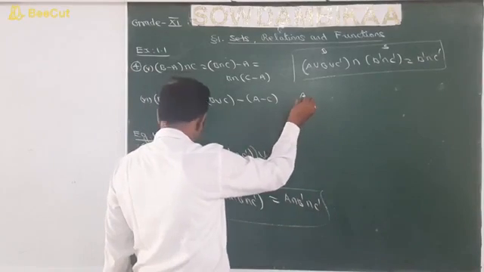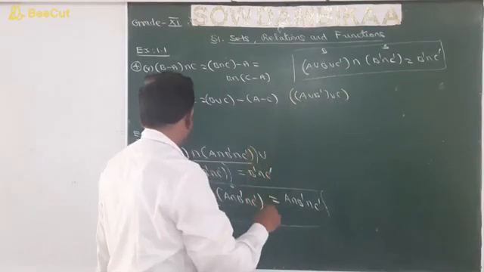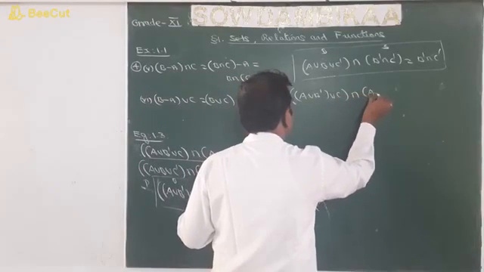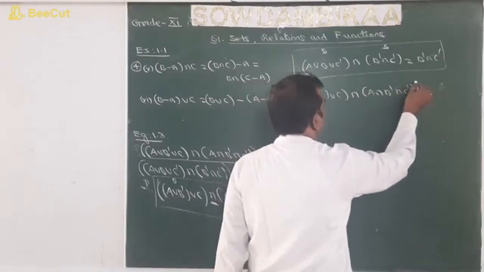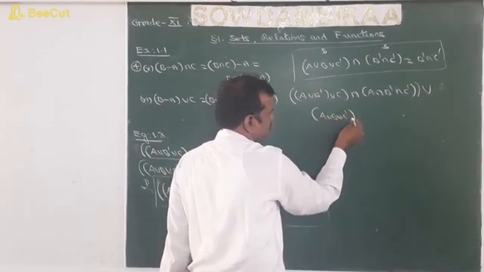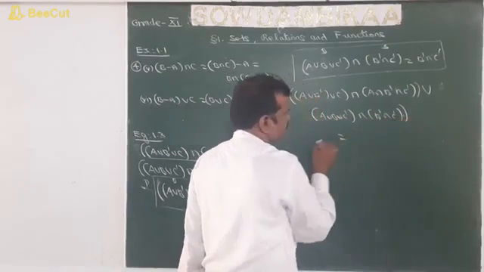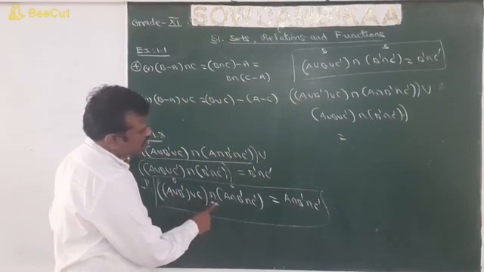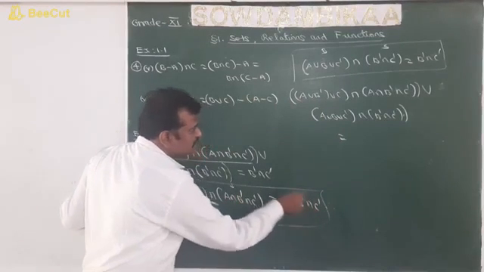That is (A ∪ B' ∪ C) ∩ (A ∩ B' ∩ C') ∪ (A ∪ B ∪ C') ∩ B' ∩ C'. So now we have to find this. What is this? The first part is nothing but A ∩ B' ∩ C'.